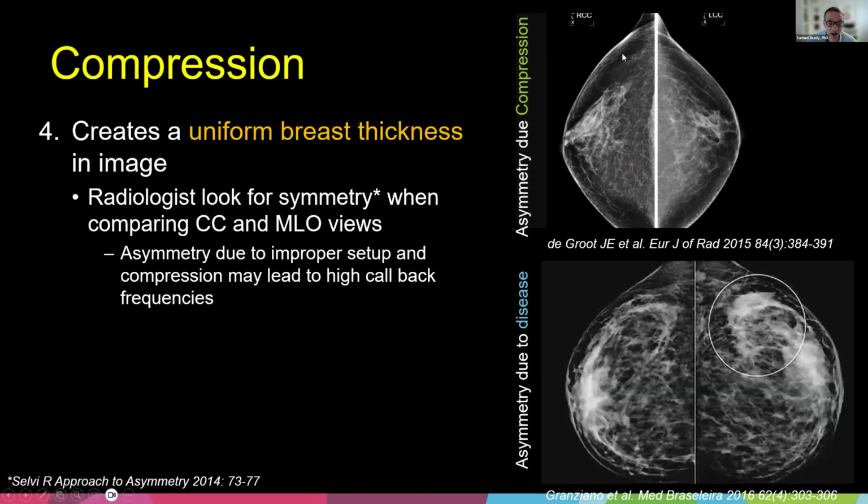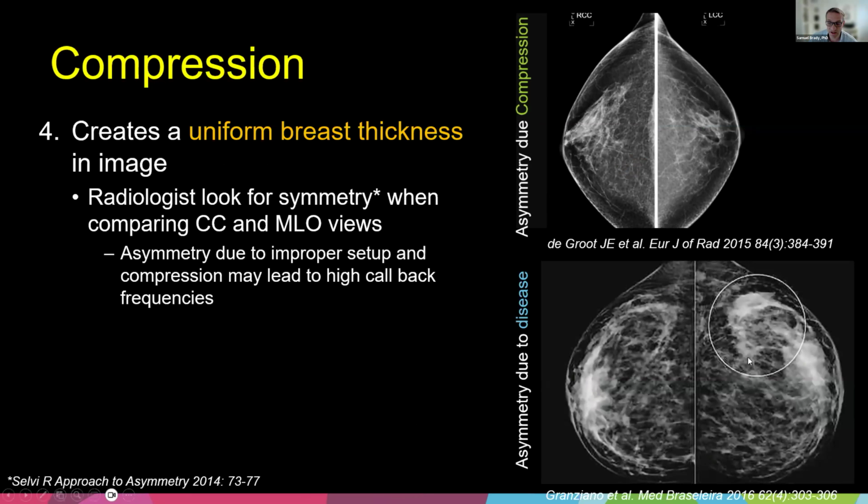Obviously, it can create a more uniform breast thickness. When our radiologists are comparing, say, the left or right breast, they're looking for symmetry. And if you do not compress equally well, you will get asymmetric breast images, and asymmetry can be a false positive sign for disease.